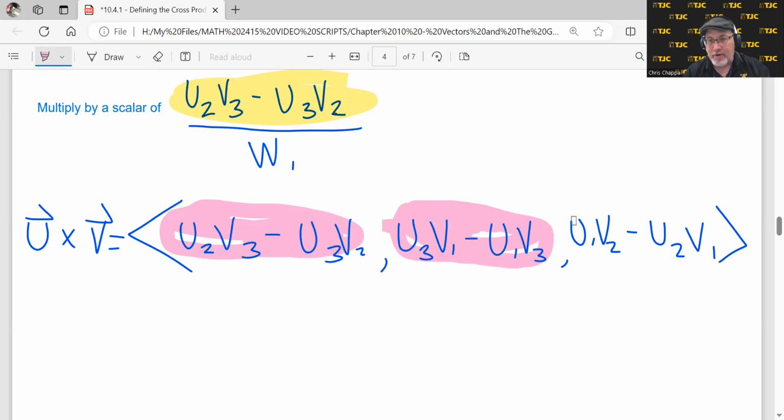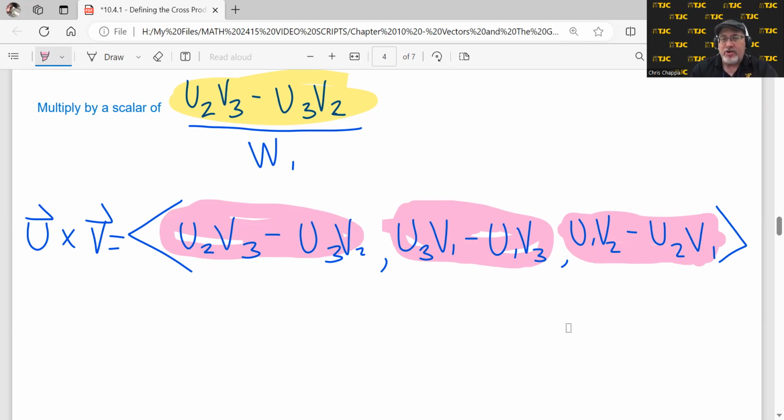And the third component has no 3 subscripts. So the ordinal number for the position, first, second, or third, does not show up as a subscript in the calculation of that component. First component doesn't have any 1 subscripts. Second component doesn't have any 2s. Third component doesn't have any 3s.